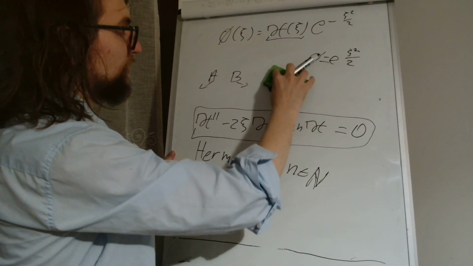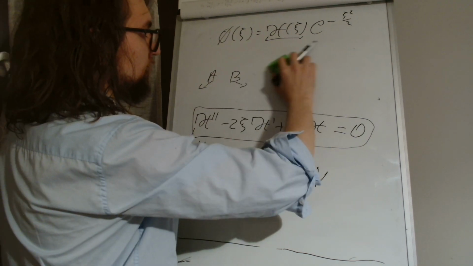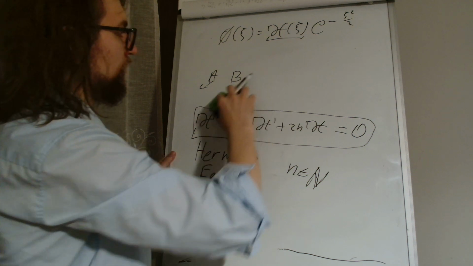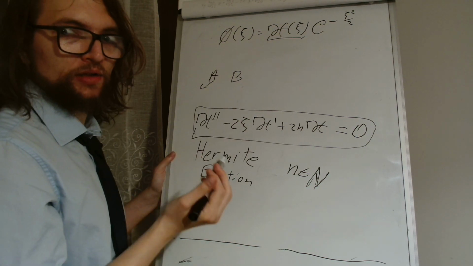So we have a degeneracy of this solution B here for integer n, and this degeneracy allows us to have convergent solutions, right?